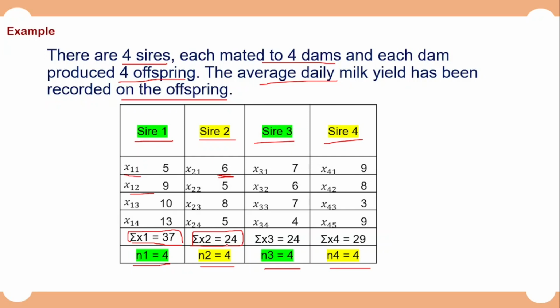The sum of observations for sire 2 is 24. For sire 3 it is also 24. For sire 4 it is 29. Okay, and within each group we have 4 numbers.